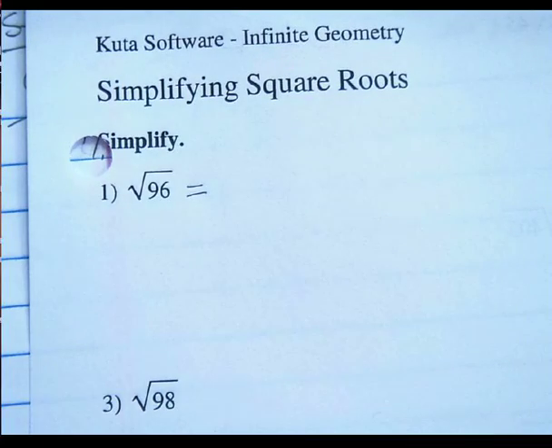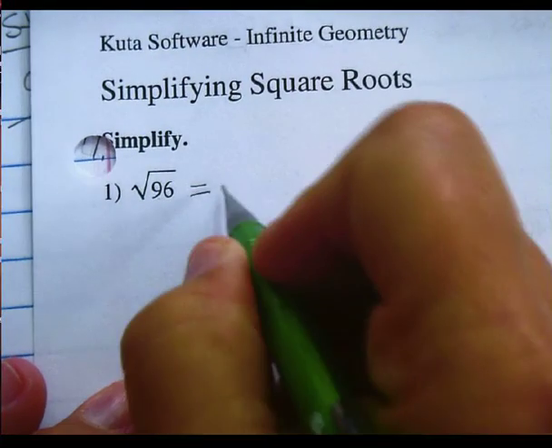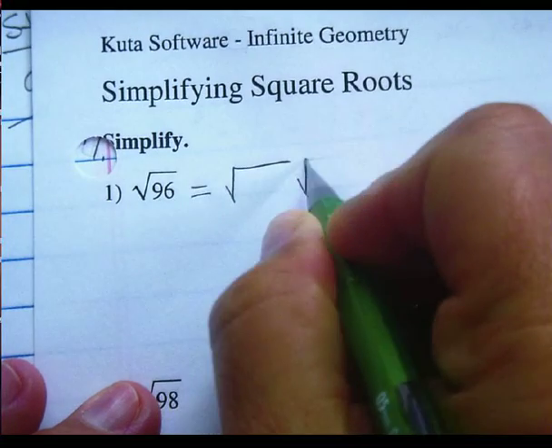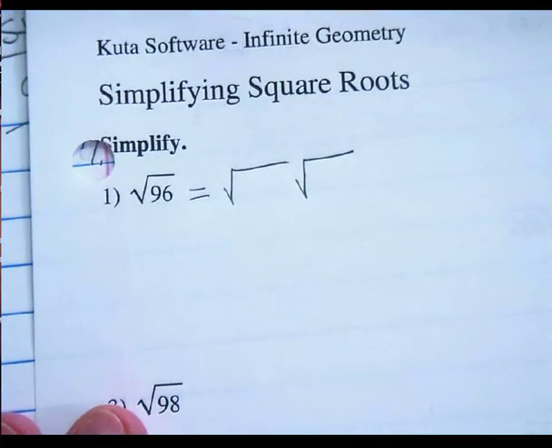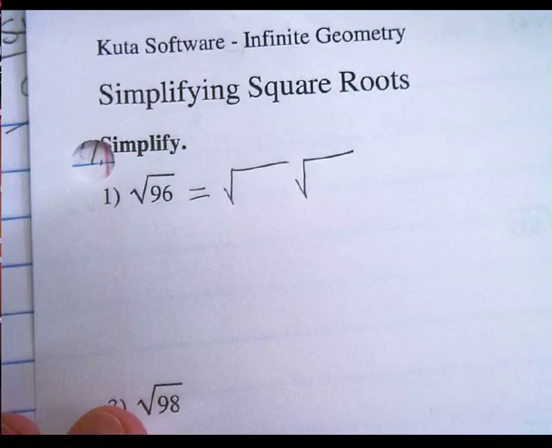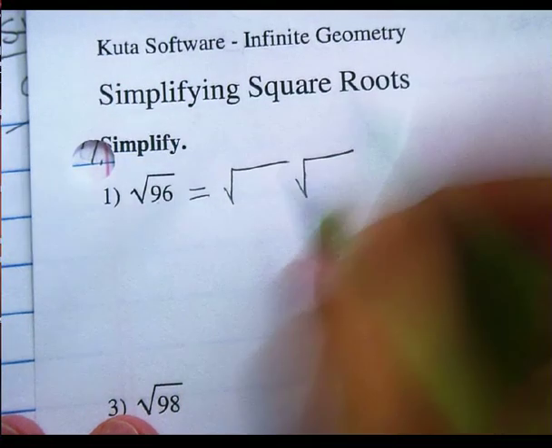If I'm simplifying the square root of 96, I am looking for two factors that go into 96 evenly. So what I also need to know, sorry, I was doing the computation, is I have to use a perfect square.